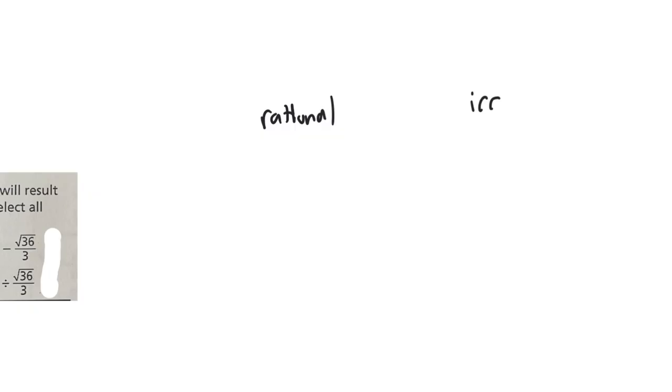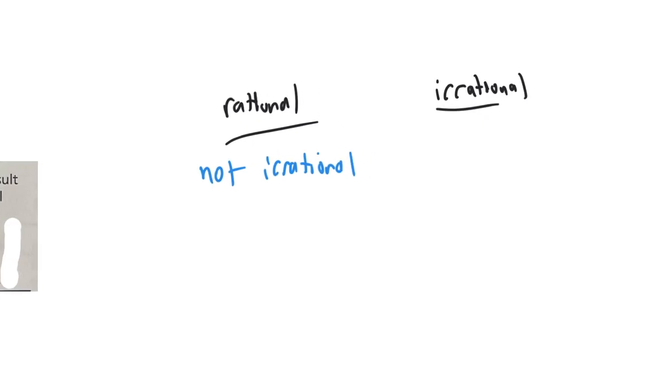But I think for the purposes of this video, let's just get clear on rational numbers and irrational numbers. Now, I'm going to define rational numbers as not irrational, which is not a good definition, generally speaking. But nonetheless, irrational numbers are kind of easy to spot and easy to understand. So if it's not an irrational number, then it's going to be a rational number.